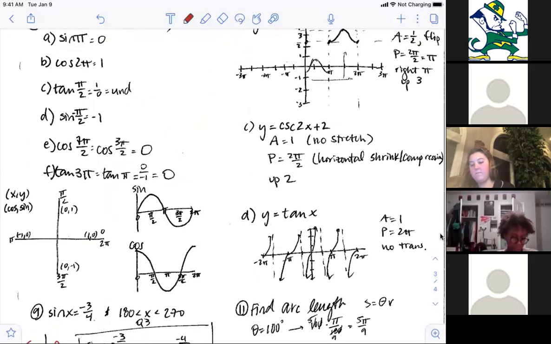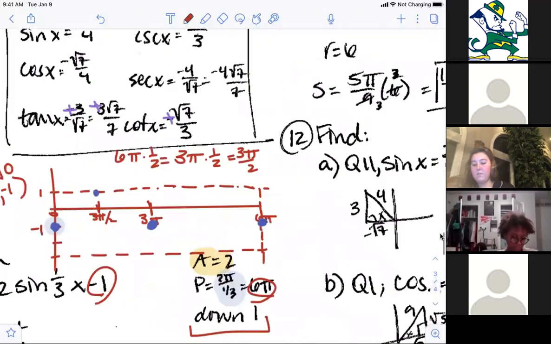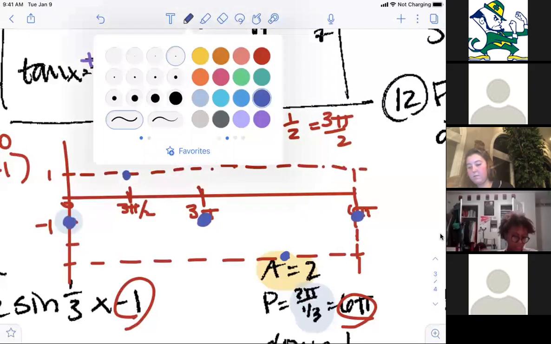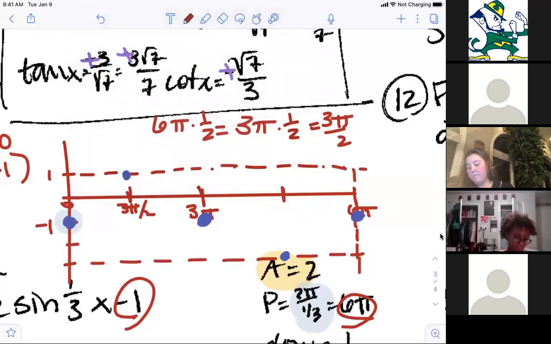And why aren't we touching the dotted line? Why aren't we going all the way down there? I just haven't done it yet. Oh, okay. So I just haven't done that last point. It's whatever the exact point is between 3 and 6 pi. I don't have an easy way of finding it, but if I've been doing intervals, from 0 to 3 pi over 2 is 3 pi over 2, and 3 pi over 2 to 3 pi is adding another 3 pi over 2.